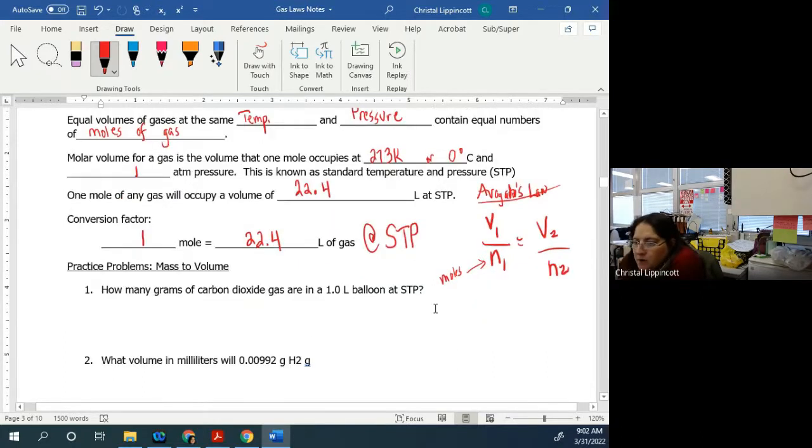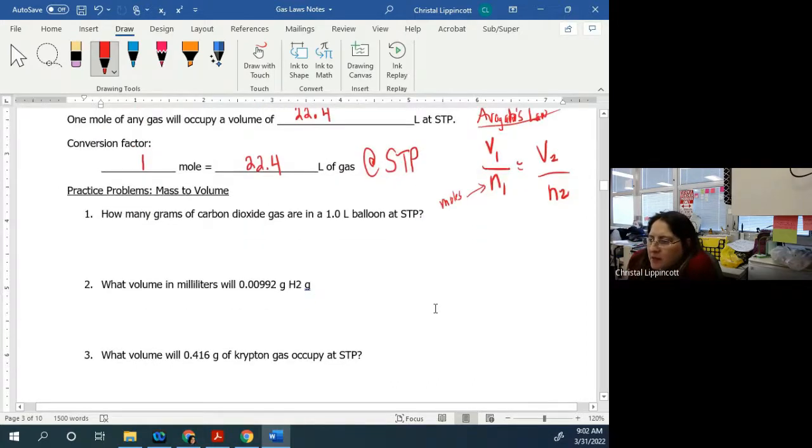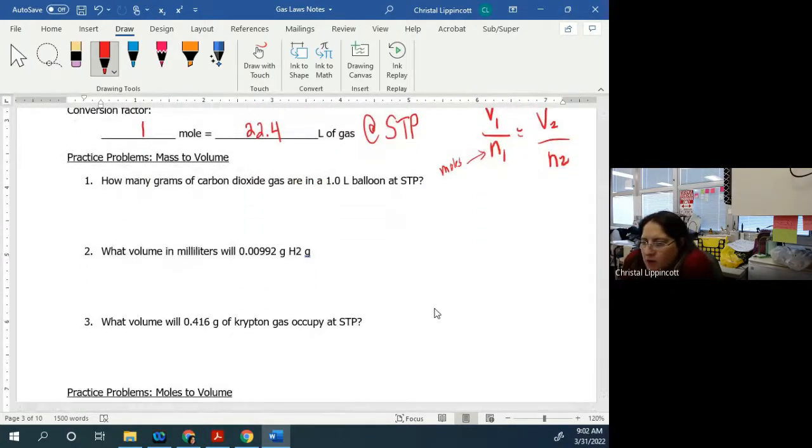All right, so pretty easy today. We want to find grams of carbon dioxide, and we're given 1 liter of CO2. So we're going to use our new conversion factor. We put liters on bottom and moles on top: for every 1 mole, we have 22.4 liters.